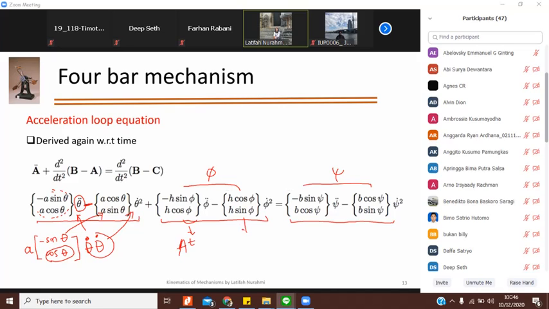This is what we call normal accelerations. So here is simply the length, and here is the angular accelerations. So you can define it as h times phi double dot.